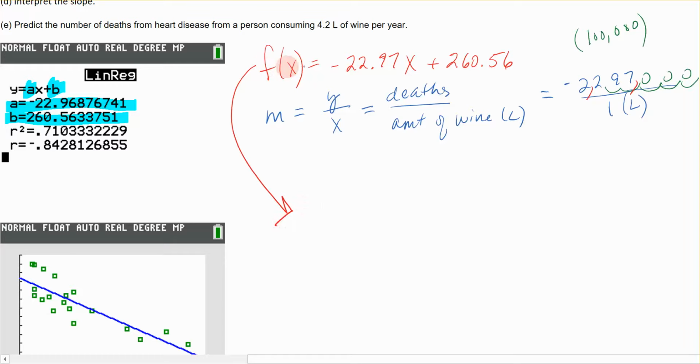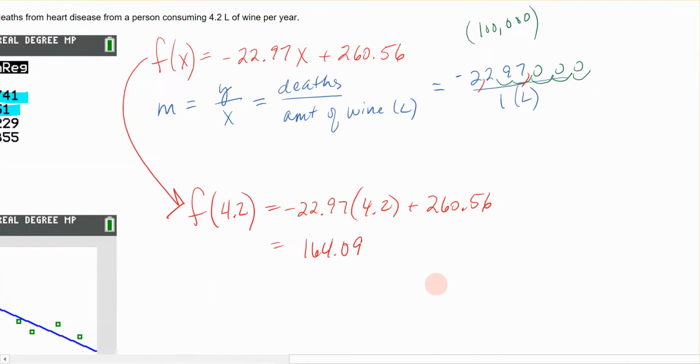So when we have a function like here, this is our linear regression function, and all I'm going to do then is replace x with 4.2. So I get negative 22.97 times 4.2 plus 260.56.